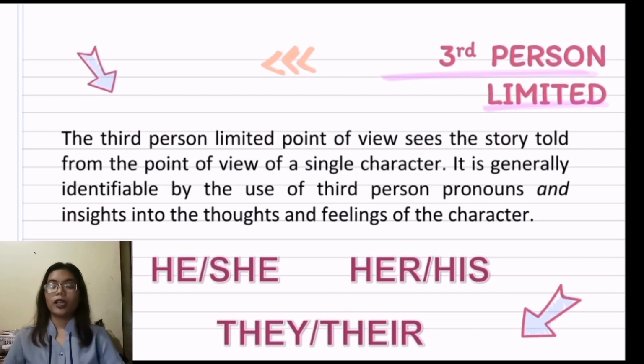So earlier, in the third person objective, we don't have the insights and feelings of the character. Here, we have the insights and feelings of the character, which is limited to one character only because it is third person limited. Again, the pronoun clues here are he or she, her or his, and they or their.